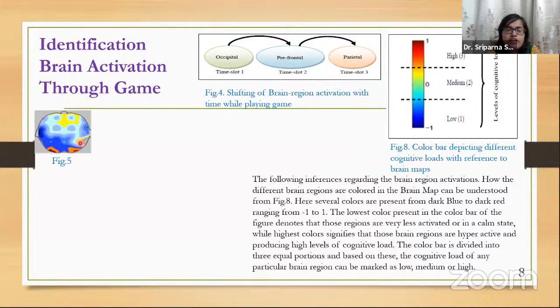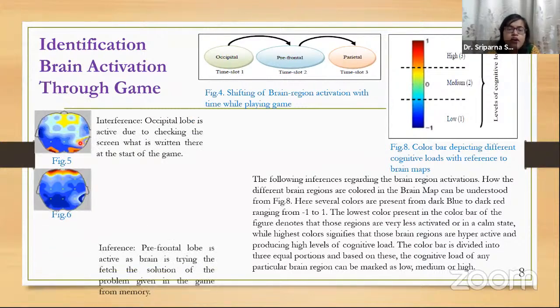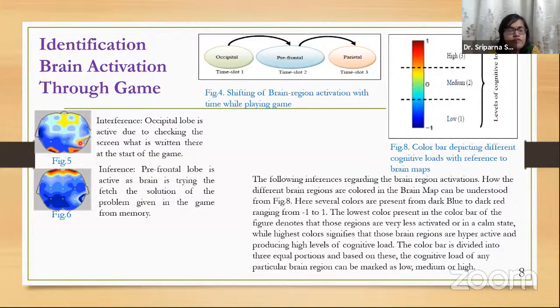Next, what happens? The participants need to solve the particular puzzle. For that, the brain is going to try to fetch the solution, and for doing that, the prefrontal lobe gets activated. From this brain map, you can check that the prefrontal lobe is activated, based on these particular colors over here.